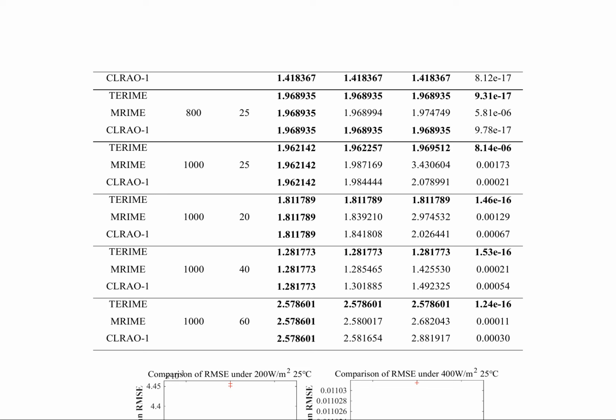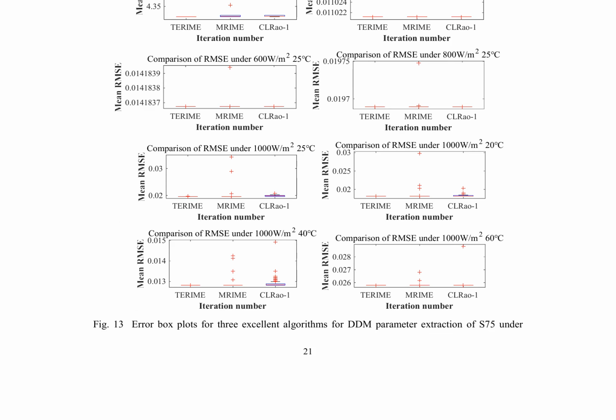When the irradiance increases to 1000 W per square meter and temperatures range from 20 degrees Celsius to 60 degrees Celsius, CLRAO1 consistently outperforms the other two algorithms, with MRIME performing better than TERIME in most cases. Error box plots in Figure 13 provide a visual representation of the spread of RMSE values under these conditions.